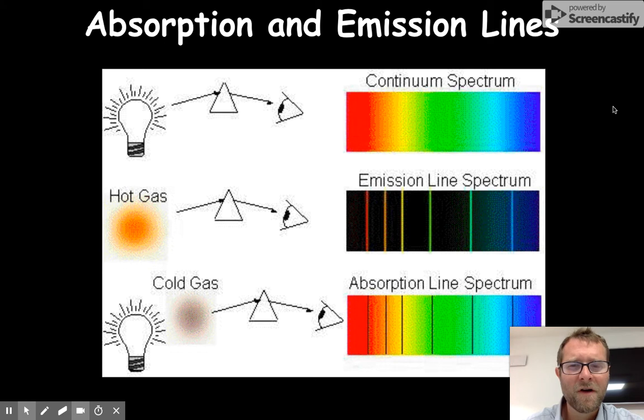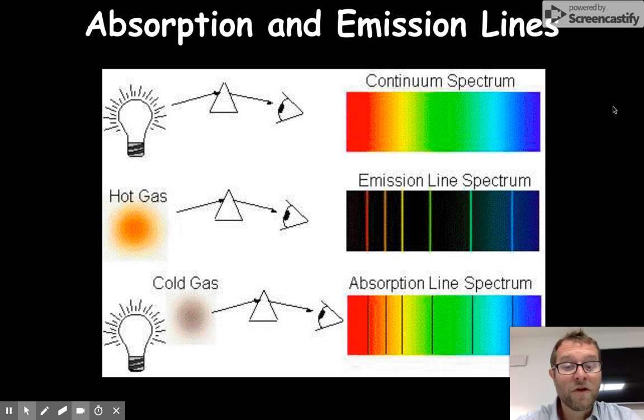Well, as we went a little bit further, we have something called absorption and emission lines. So if we had a continuum spectrum, let's say white light, which has all the colours of the rainbow, our first example shows that. Now, a hot gas gives out an emission line spectrum, and we see clear lines being emitted by a certain hot gas.